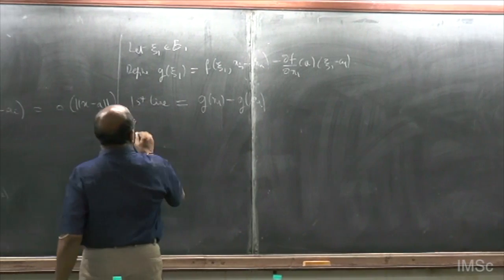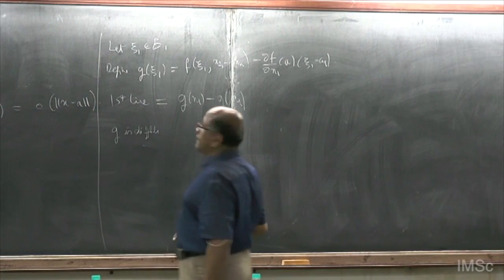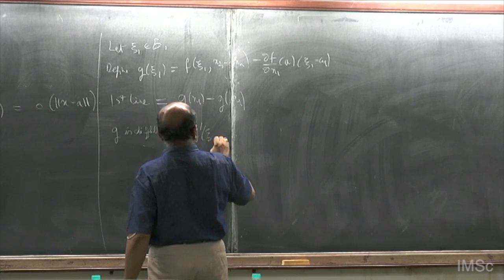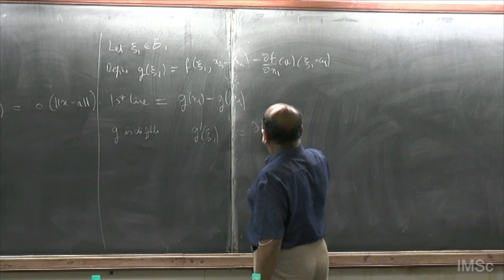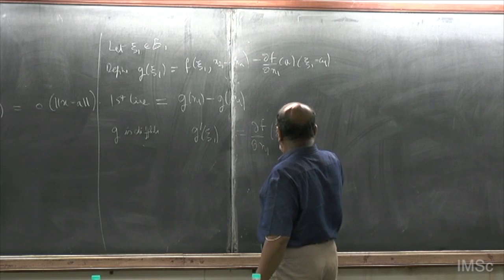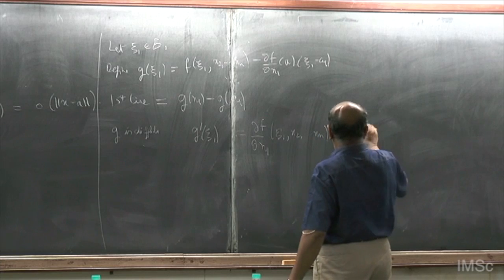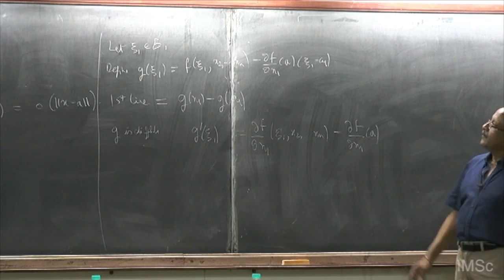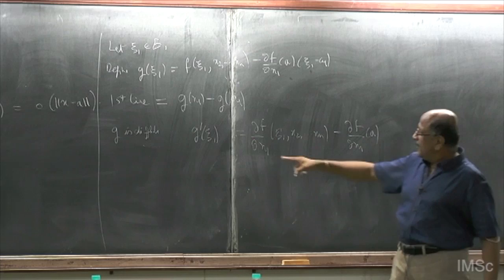Now g is differentiable. What is g dash at xi 1? This is nothing but df by dx1 at xi 1, x2 ... xn minus df by dx1 at a, because if I differentiate xi 1 I just get 1.